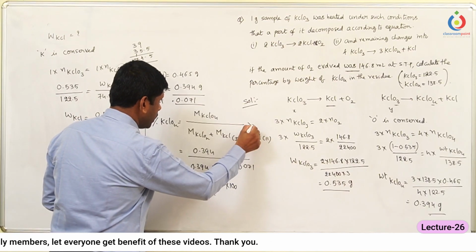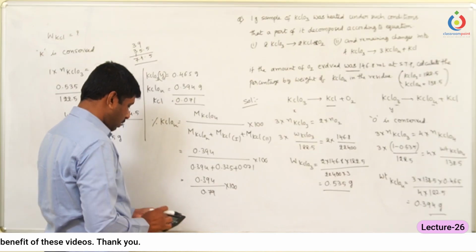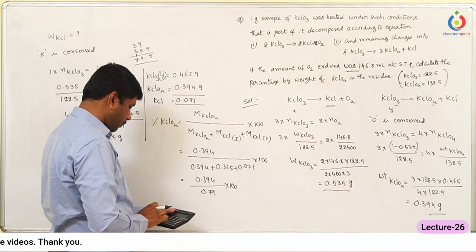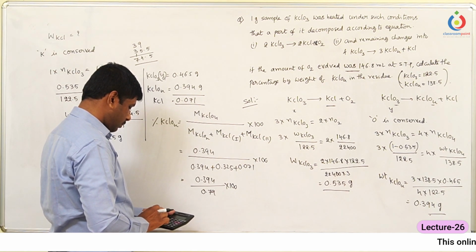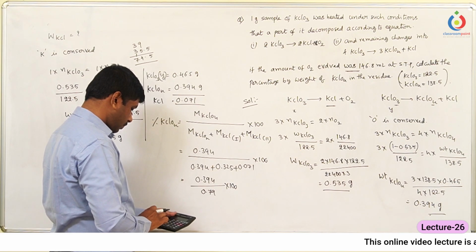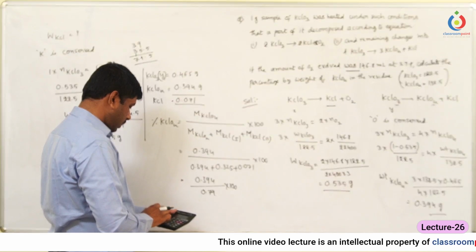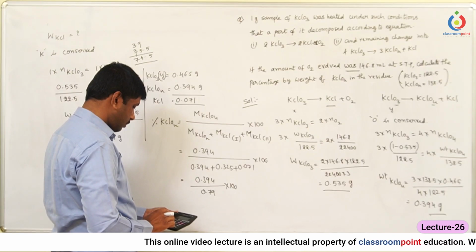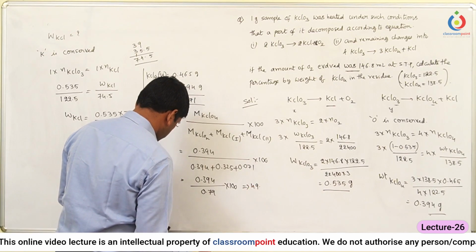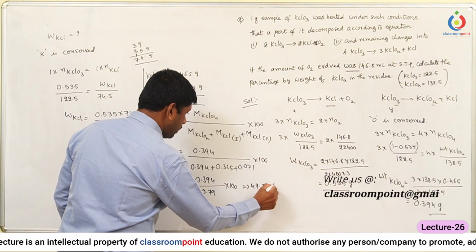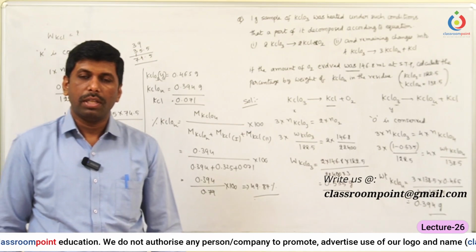They are asking for the percentage, so it has to be multiplied by 100. So now let us see, 0.394 into 100 divided by 0.79 gives 49.87%. So like this we can solve the POAC.